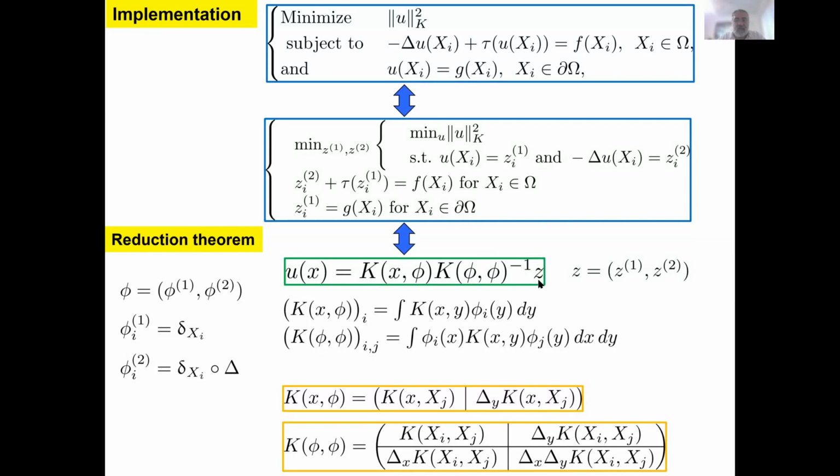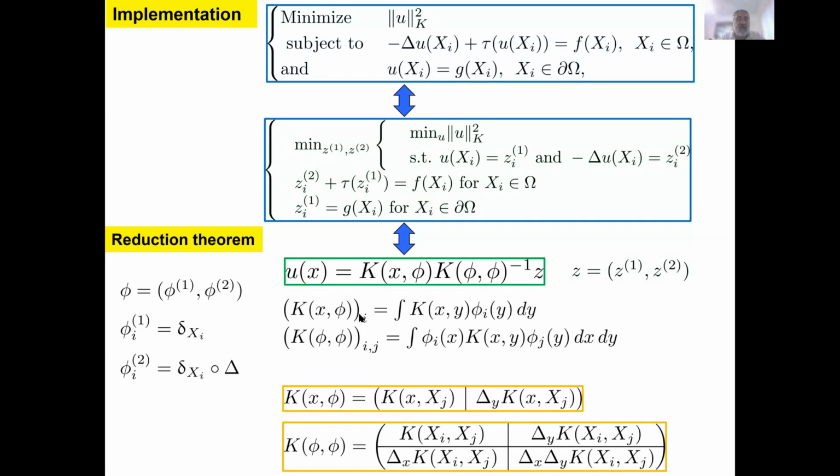So in that formula, z is a vector obtained by concatenating the slack variables z1 and z2 corresponding to the values of u and of its Laplacian at collocation points. To describe the other terms, I will write phi for the vector whose entries are Dirac delta functions at the collocation points xi, or Dirac delta functions composed with the Laplacian at the collocation points xi.